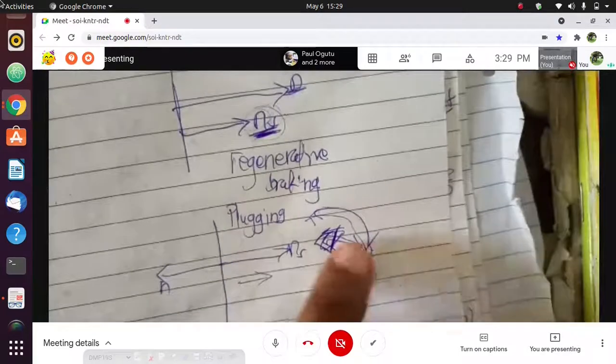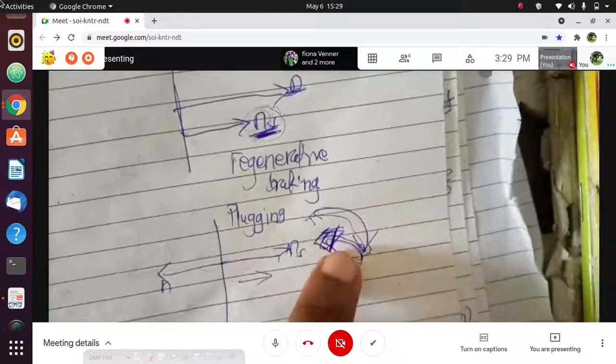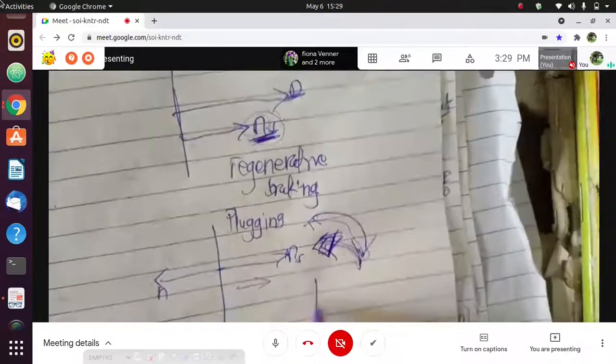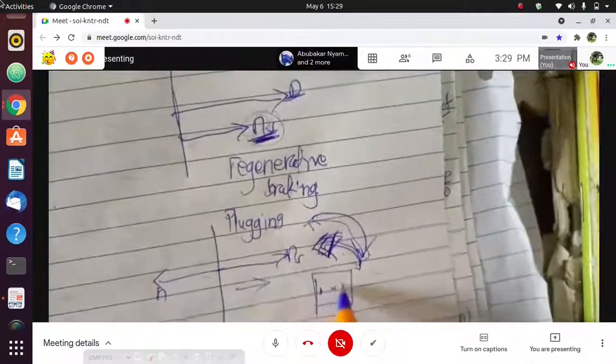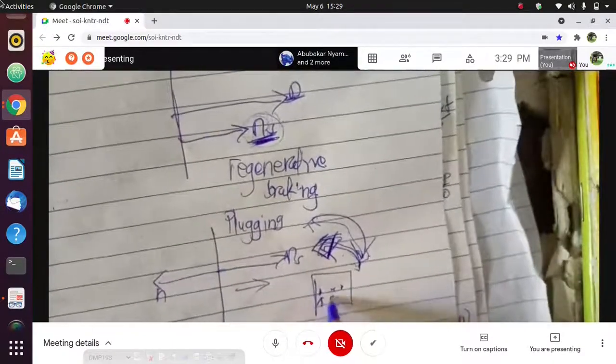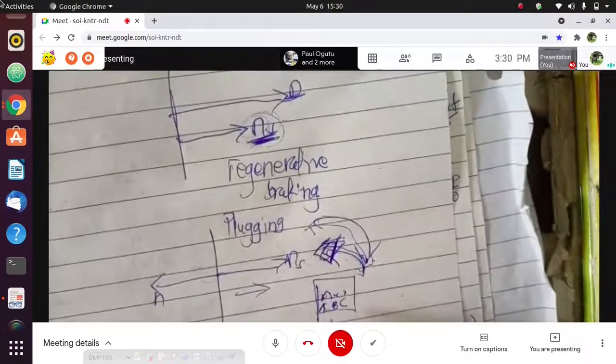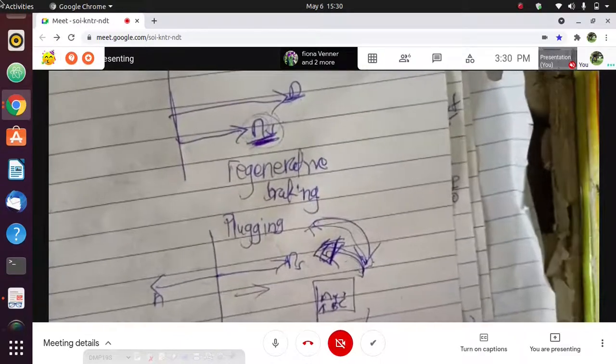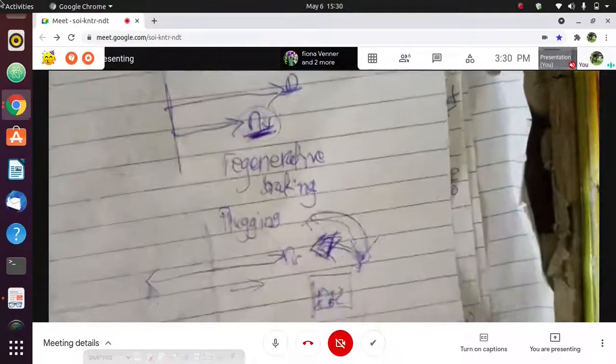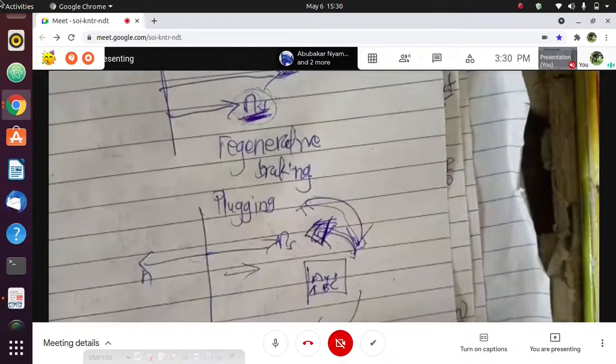Unless you cut supply, when you change the phase of, let's say these are three phases, we have A, B and C. You take this wire and put it here and take this one and put it here, so we can change the direction of the rotating field, so that the motor starts rotating in the opposite direction.